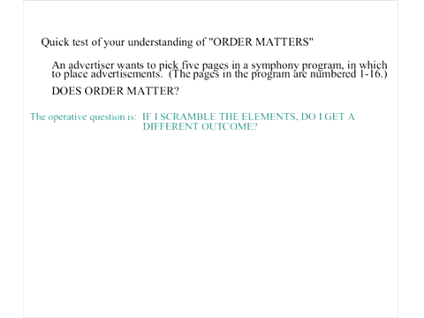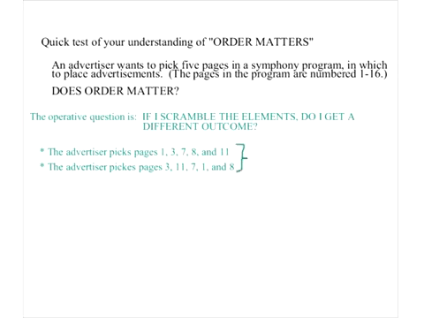If I say the advertiser picks pages 1, 3, 7, 8, and 11 versus the advertiser picks pages 3, 11, 7, 1, and 8, these are not different outcomes. These are exactly the same outcome. Because notice we haven't specified different ads to go on these different pages. We just said we had to pick 5 pages. So these are the same outcome.